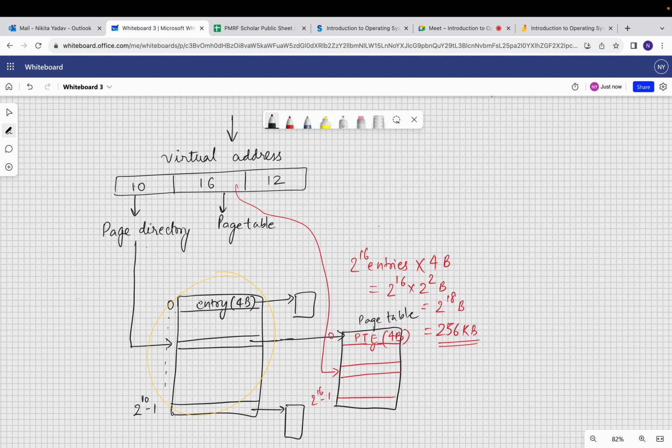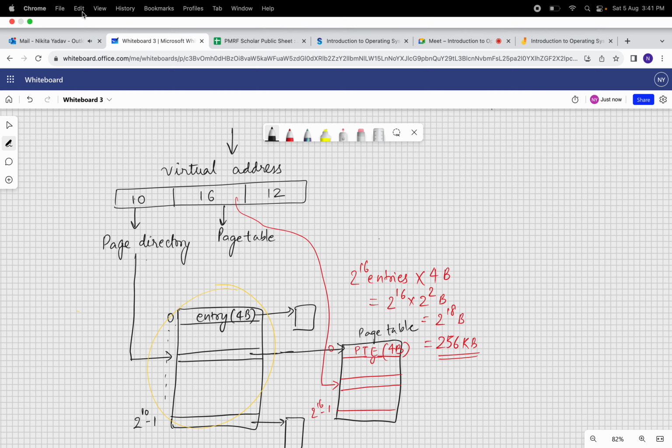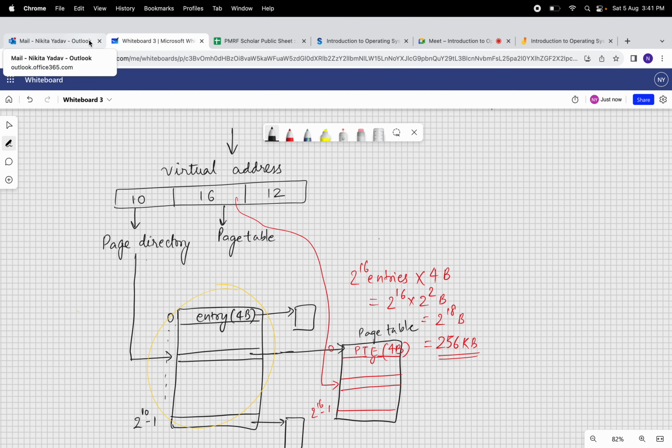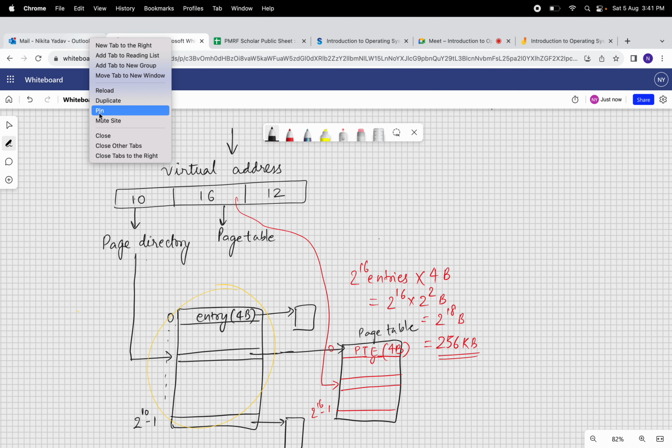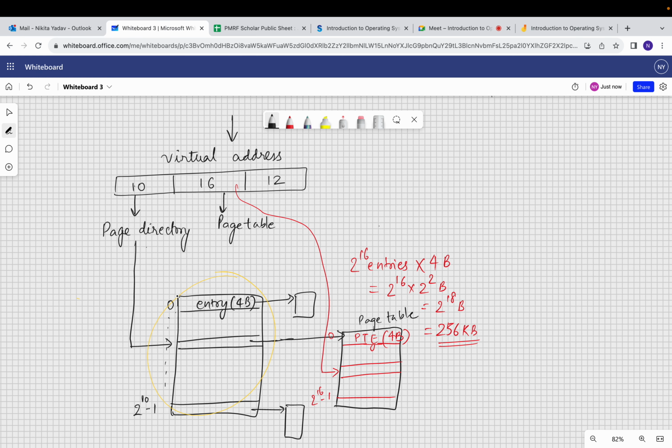And how many entries are there in the directory? The directory has 2 to power 10 entries. So that means 2 to power 10 page tables can be there. And 2 to power 10 is 1024.